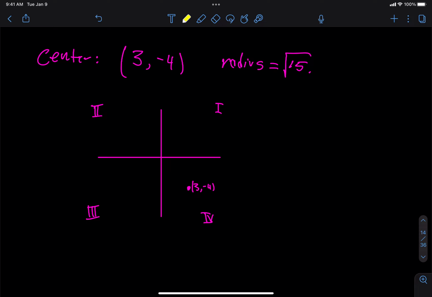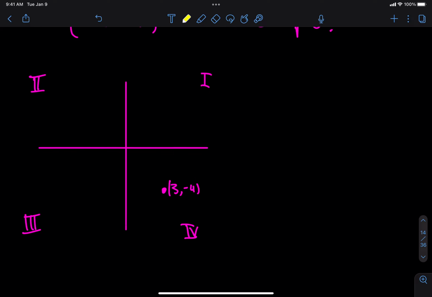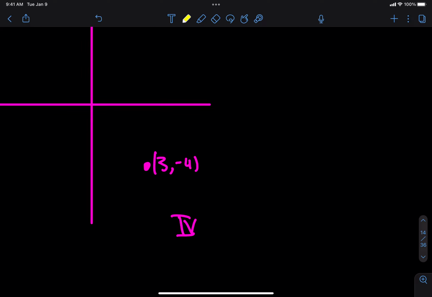Because square root 16 is 4, and square root 15 is a little bit less than that, but it's more than square root 9, which is 3. So it's going to be close to 4, which means I shouldn't quite go all the way up, right? Because this length here would be 4. So I've got to do a little bit less than that.